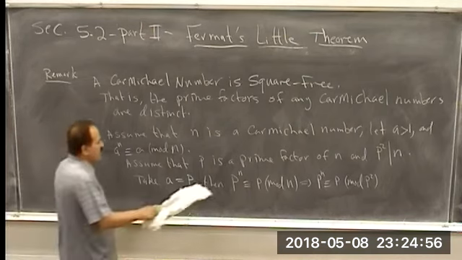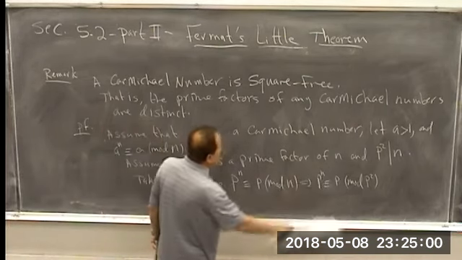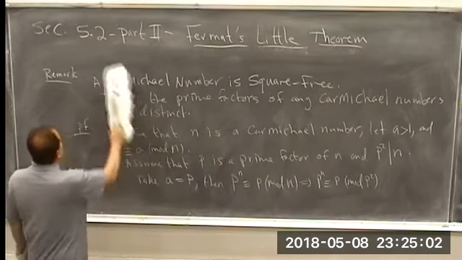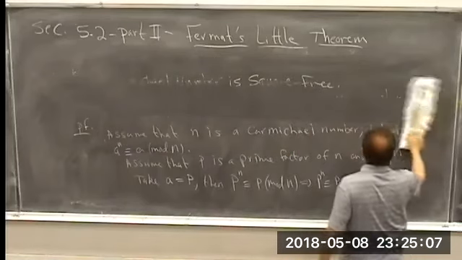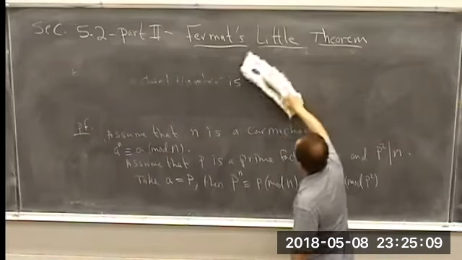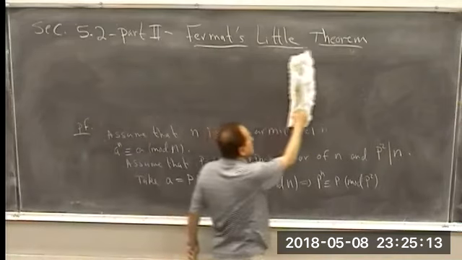Now let's see what we have in here. We have P to the N is congruent to P mod N, and P to the N is congruent to P mod P squared. All right? You're going to see there is a contradiction.